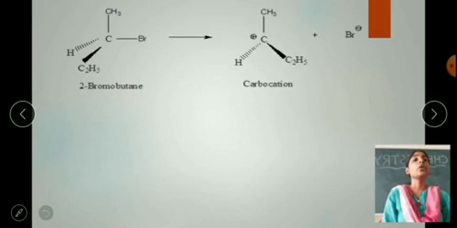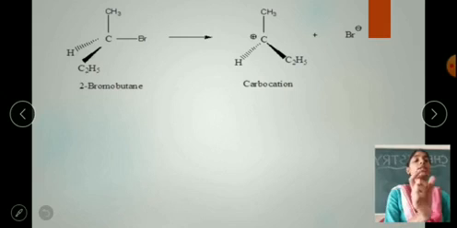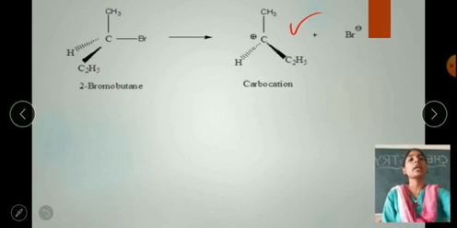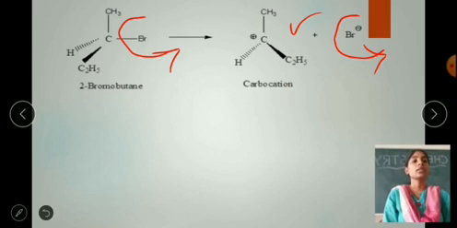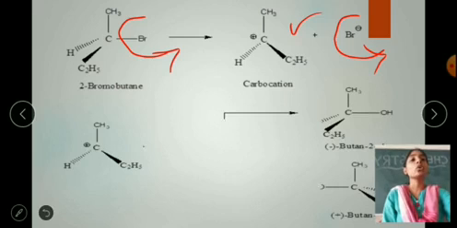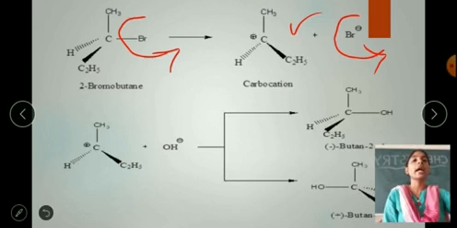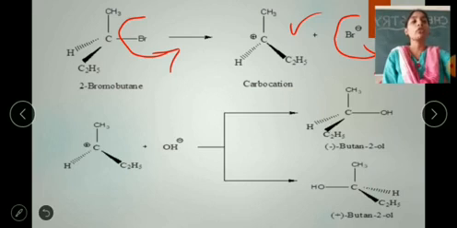Taking 2-bromobutane, in the first step of the SN1 reaction, a carbocation is formed and Br minus is eliminated. This is followed by the attack of the nucleophile. Here you can see the attack of the nucleophile.